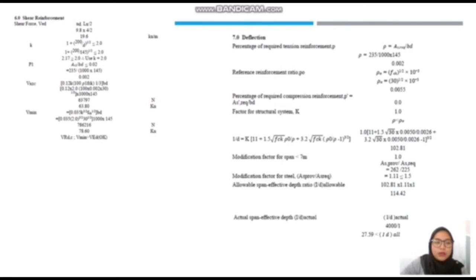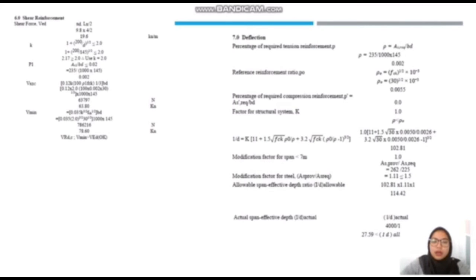After that, rho1 we get is 0.02, VRdc we get is 63.80, Vmin we get is 78.60, and then we determine VRdc equal Vmin not more than VEd, so our condition is okay.